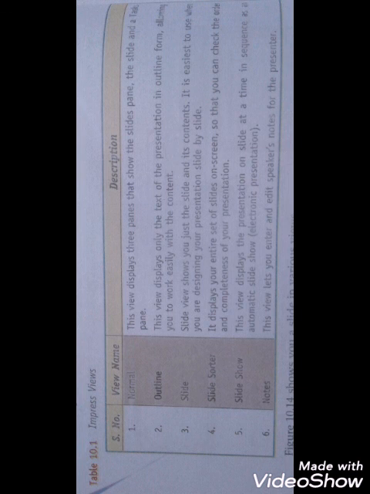Second is outline view. This view displays only the text of the presentation in outline form and allows you to work easily with the content. Means all the content which you have typed in all the slides will be displayed in this view on the computer screen, so you can easily edit the content if required.